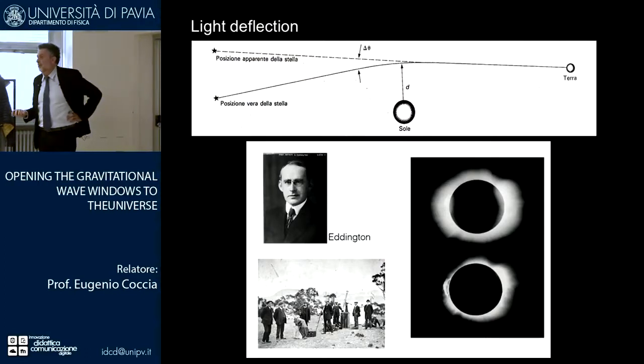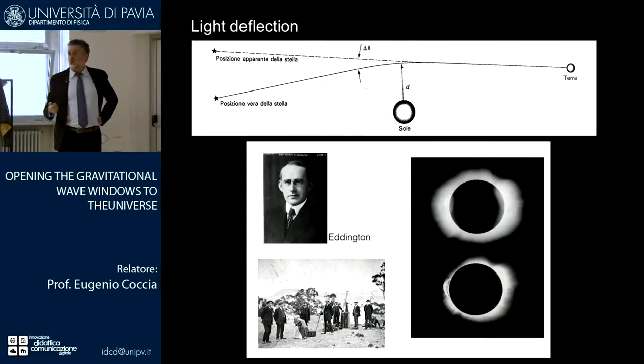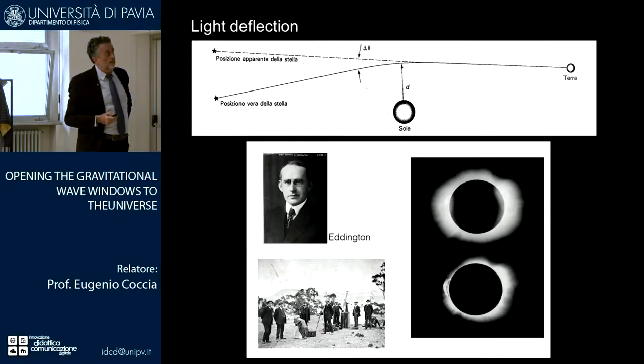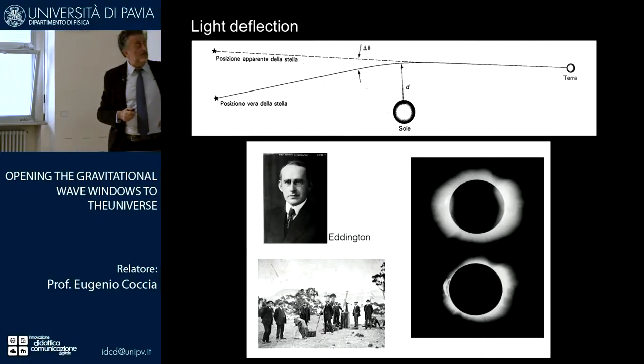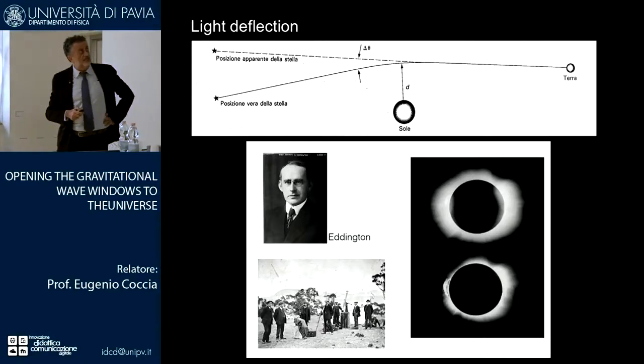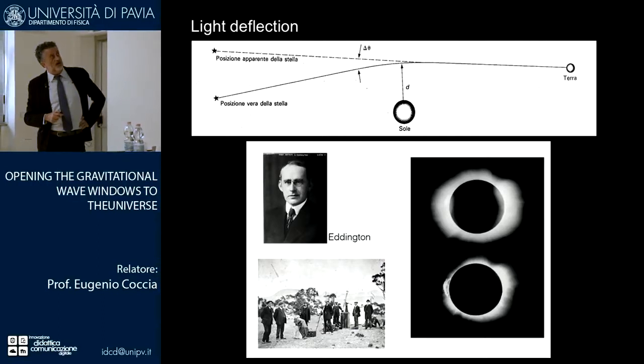And this was demonstrated in a wonderful experiment by Arthur Eddington in 1919. So this is the position of a star. This ray of light will go straight following Newton. But following Einstein, the presence of the sun gives a certain curvature to space-time. And so from the Earth, the apparent position of the star is there. It's no more here.